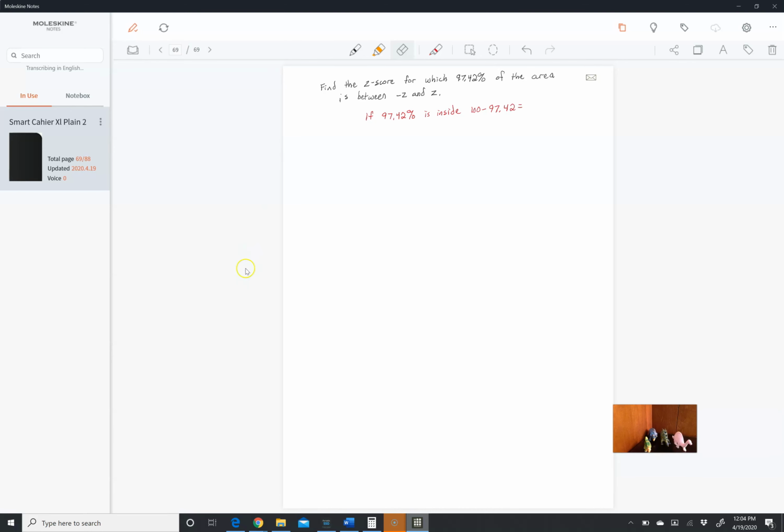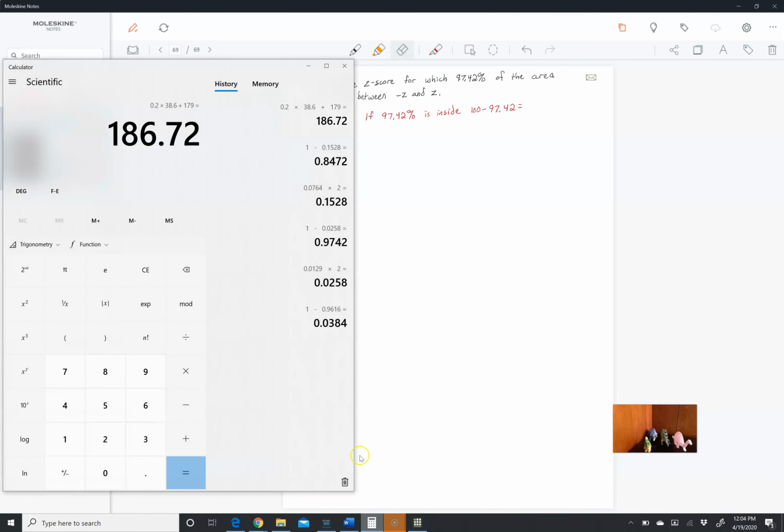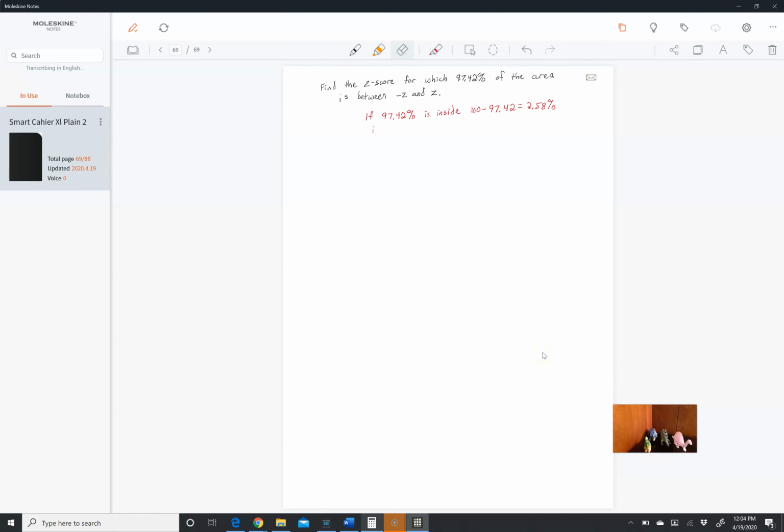And if we do 100 minus 97.42, this one I didn't do ahead of time. I'd like you to see me plug it into the calculator. I think that that's also helpful. So 2.58% is outside. What does this mean? That 2.58% is evenly distributed to the left of negative z and to the right of z.